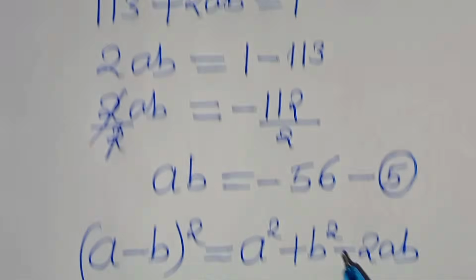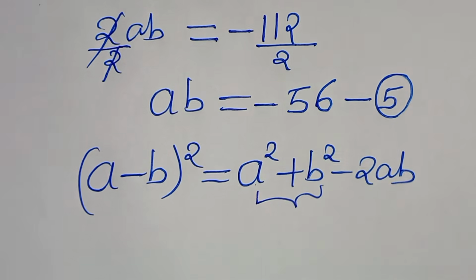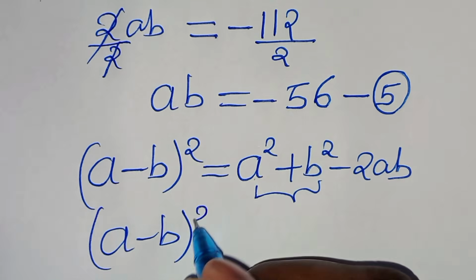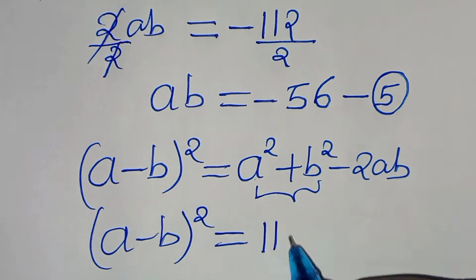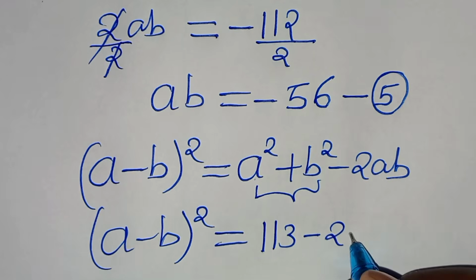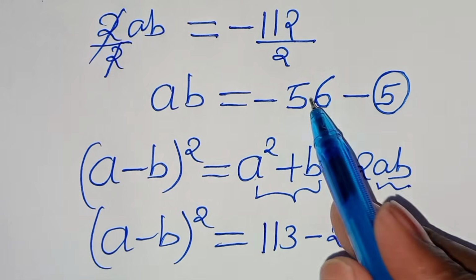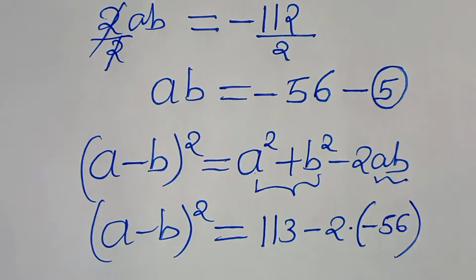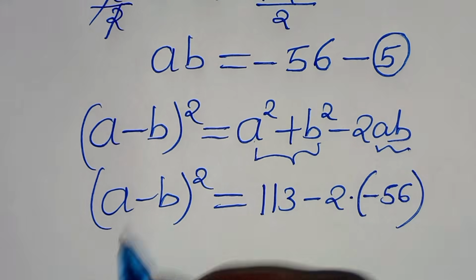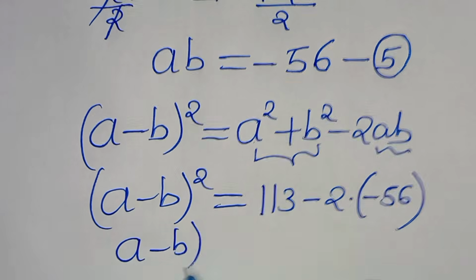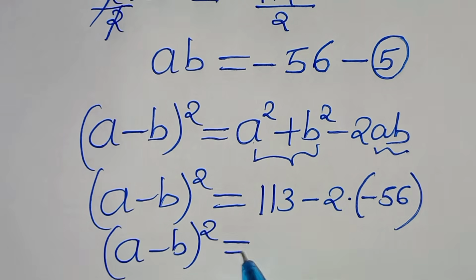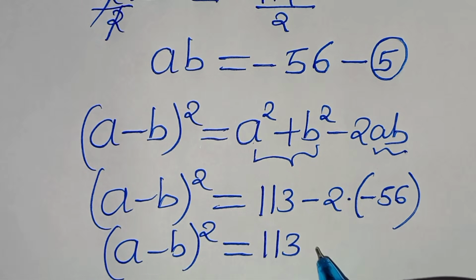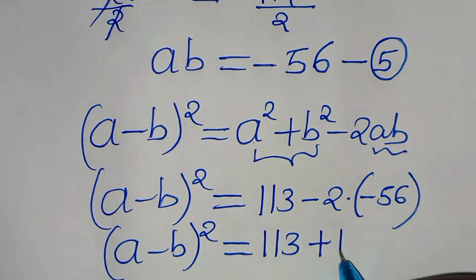So we can substitute 113 here, so that a subtract b raised to the power of 2 is equal to 113 minus 2 times ab. ab is minus 56. So we have a subtract b raised to the power of 2 equal to 113 minus 2 times minus 56. This is plus 112.